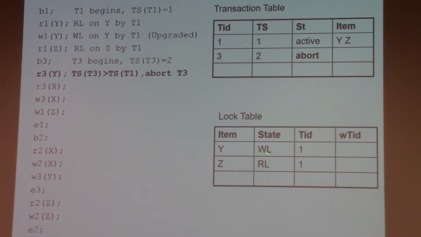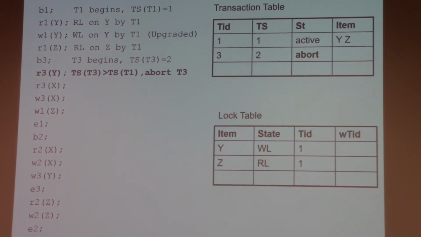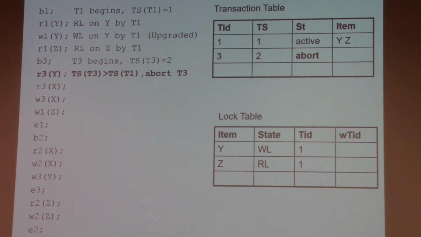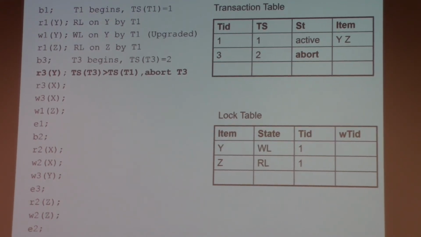If this one is a read lock, is there any problem? No, that's not a conflict. A conflict means at least one of them should be a write lock. So in case this is a read lock, there is no problem. You can allow it, then update the lock table, and the transaction IDs are 1 and 3 because it's a read lock, so you can continue to read. But in this case, it's a conflict.